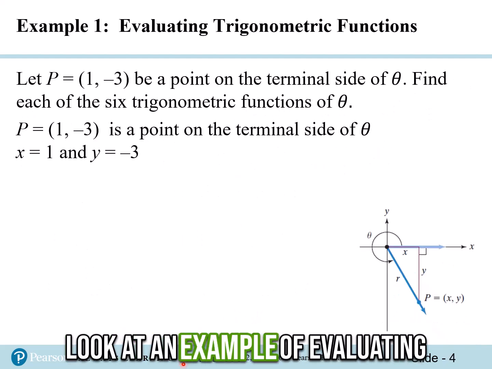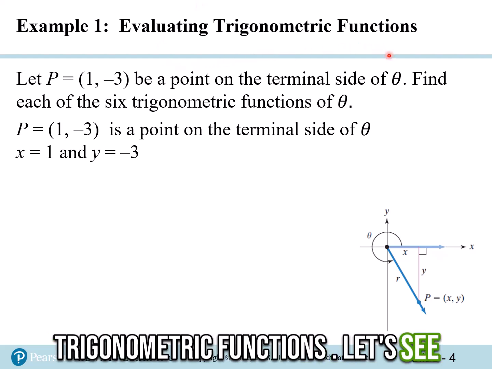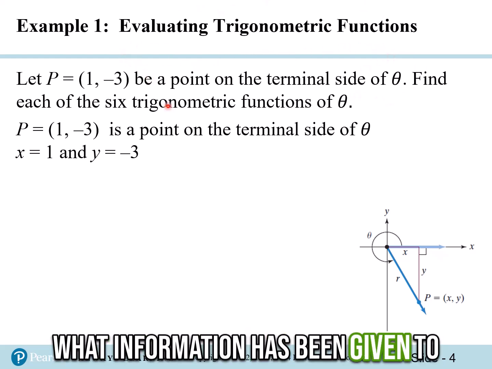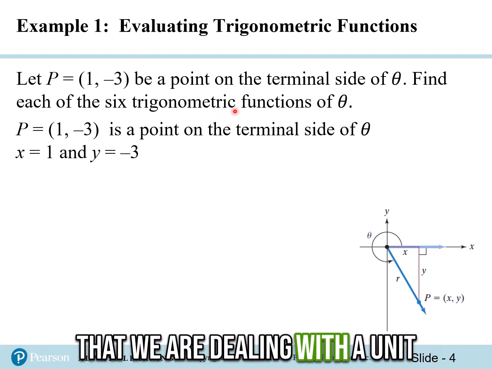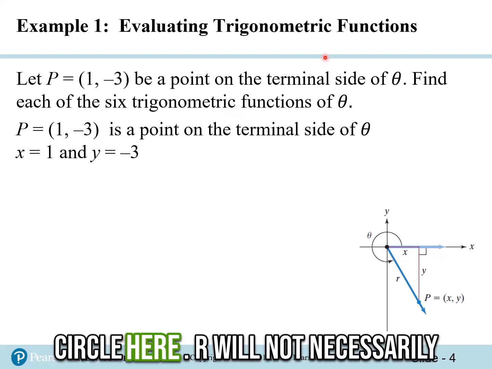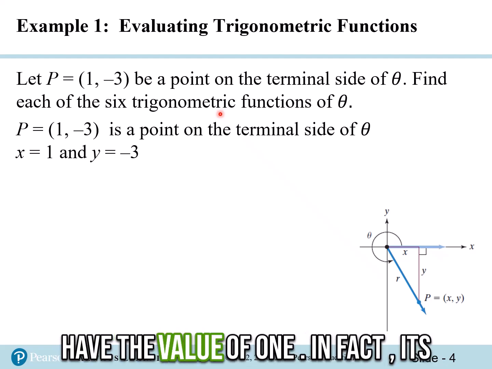Now let's look at an example of evaluating trigonometric functions. Let's see what information has been given to us. And again, we cannot assume that we are dealing with a unit circle here. r will not necessarily have the value of 1.